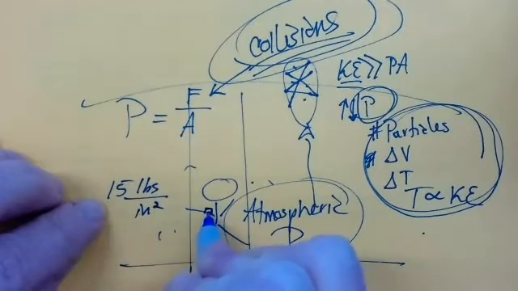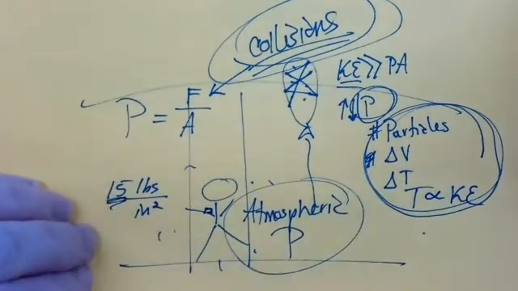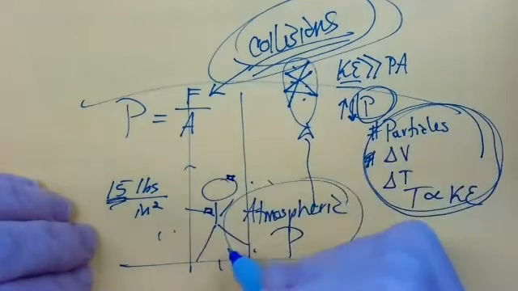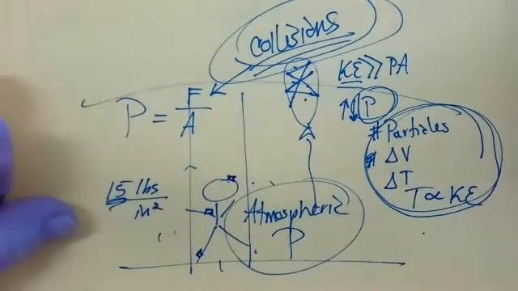So this part of your arm is feeling the weight of 15 pounds, and this part of your head, and this part of your leg. But we've always experienced it.